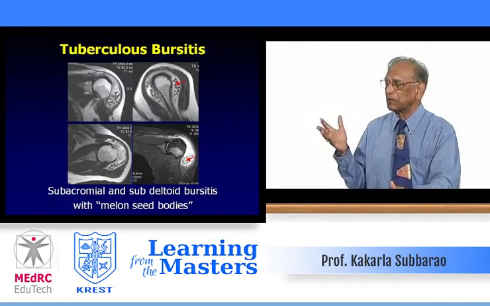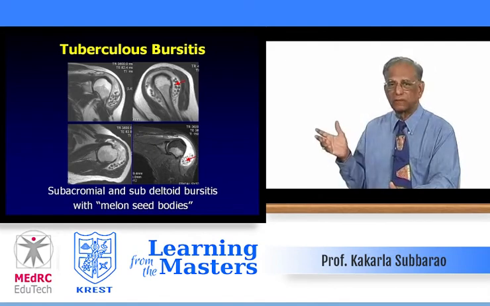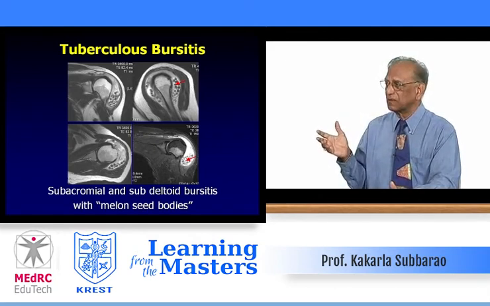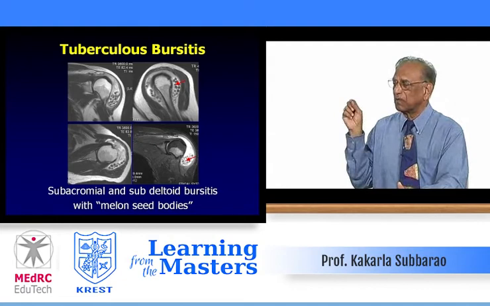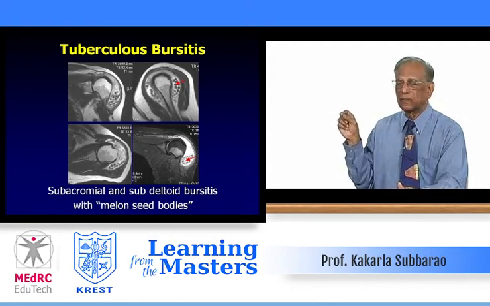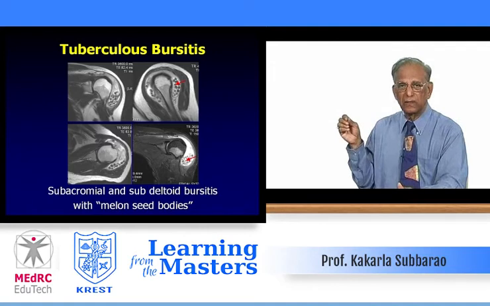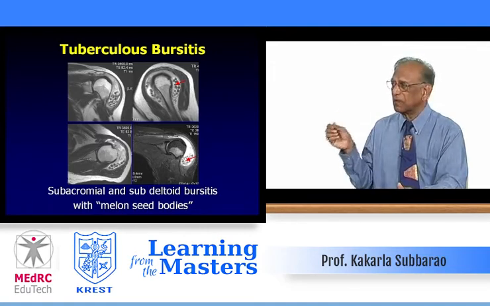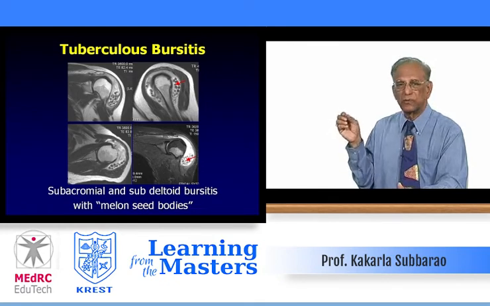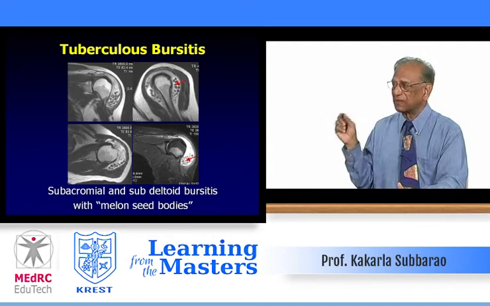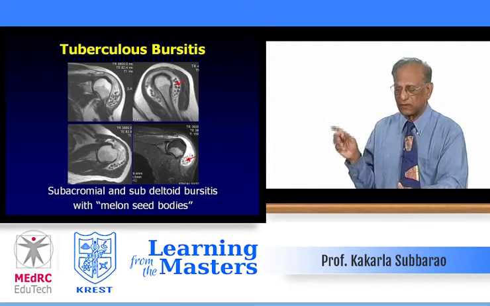The MRI shows soft tissue swelling and then multiple melon-seed type of densities that you could see, characteristic of tuberculous bursitis. There is fluid, there is an inflammatory reaction, and these are the hypertrophied, shredded synovial melon-seed bodies. Sometimes you may see tuberculous organisms also in these, classical of tuberculous bursitis.